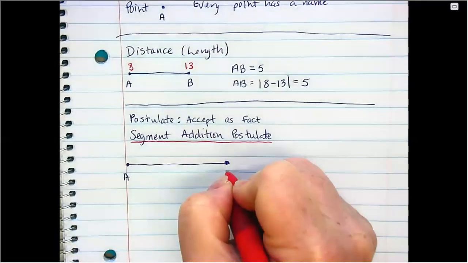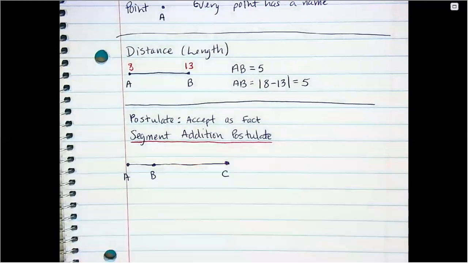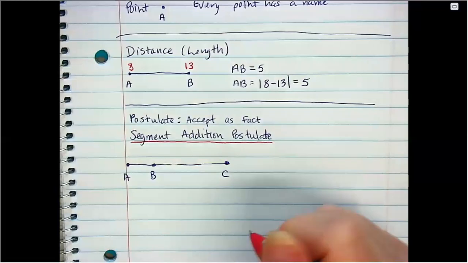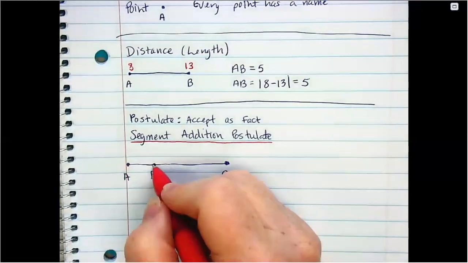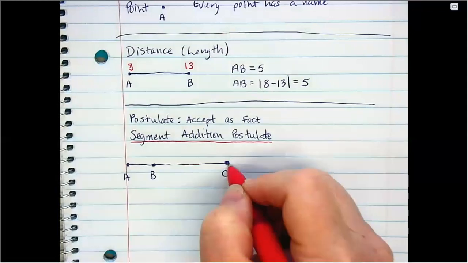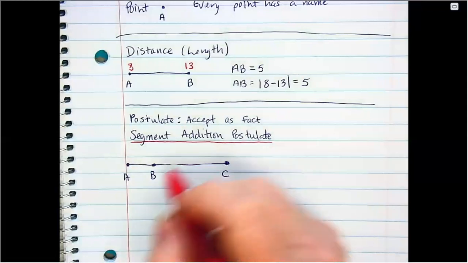Put it closer to A. So we're going to call that point B. The segment addition postulate allows me to add the length of AB to the length of BC and get the length of AC. So we would write AB plus BC is equal to AC.